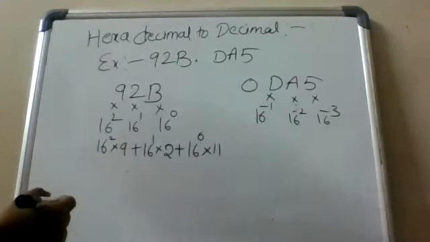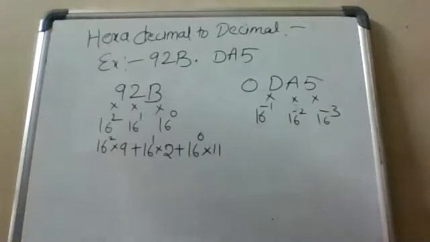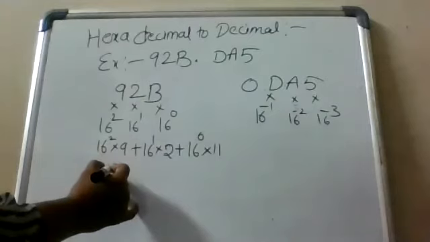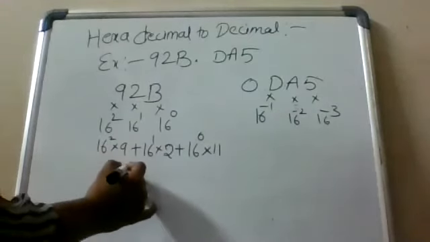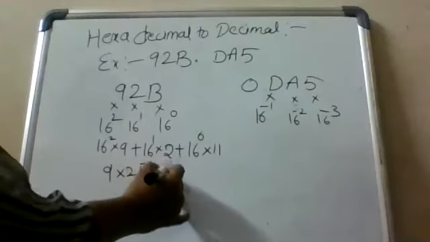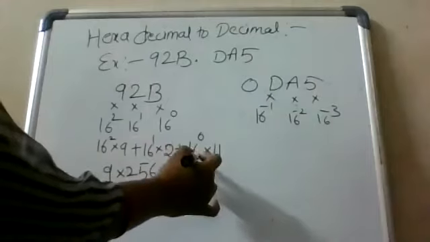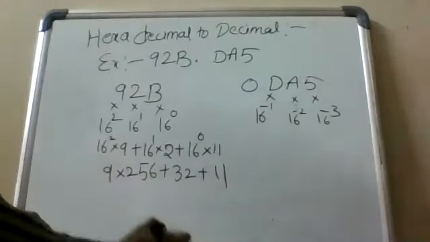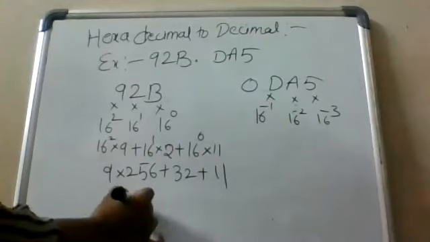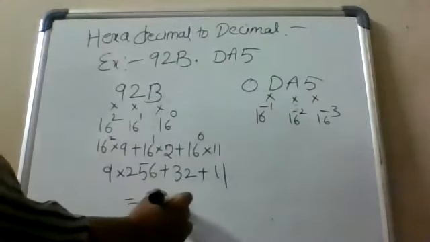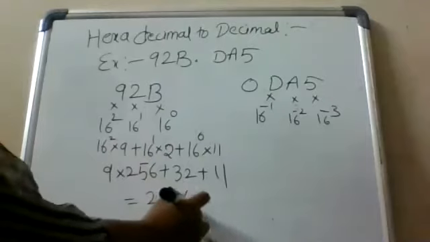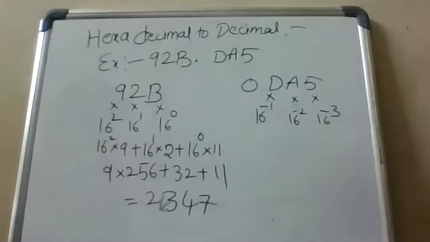So 16 power 2 is 256, 9 into 256, plus 16 into 2 is 32, plus 16 power 0 means 1, 1 into 11 is 11. We get the value 2347.